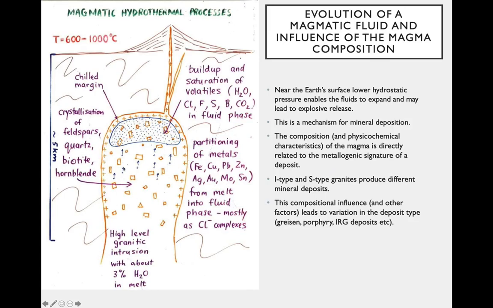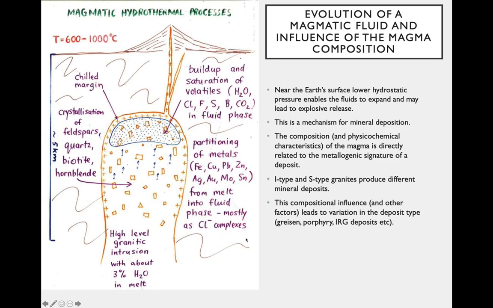So this is another schematic highlighting this. We have standard crystallization of the granite. We might start with about 3% water. As we crystallize things like feldspar, quartz, biotite, and hornblende, we are concentrating that water. We have relatively limited hydrous minerals, and it partitions with it metals like copper, lead, zinc, silver, gold, moly, tin into that fluid phase.